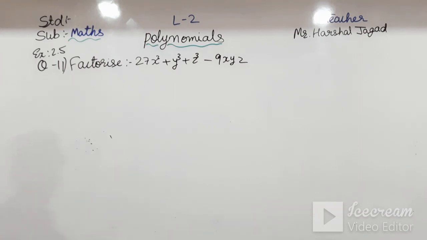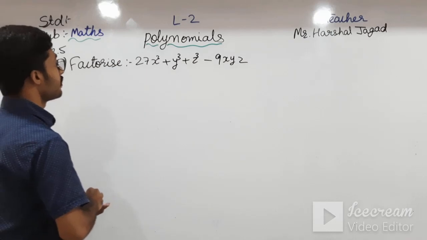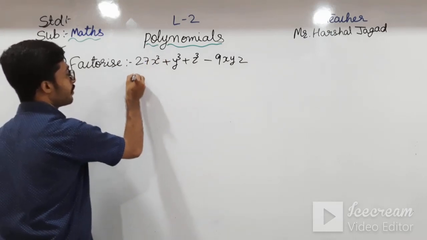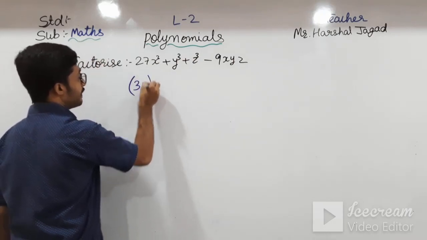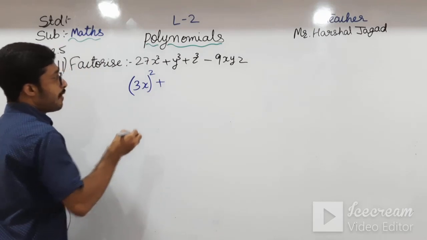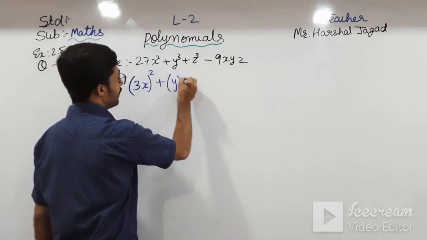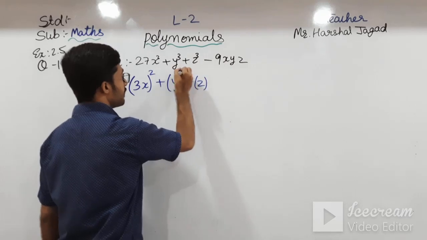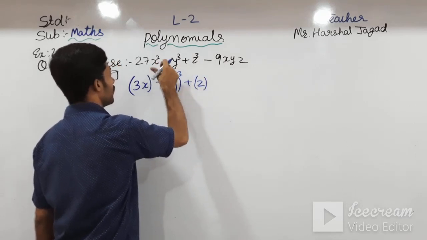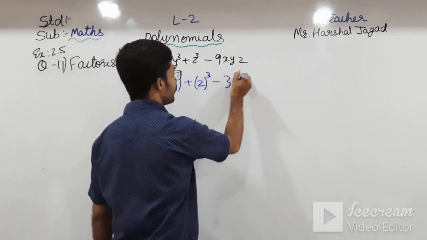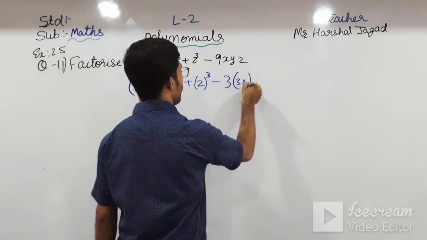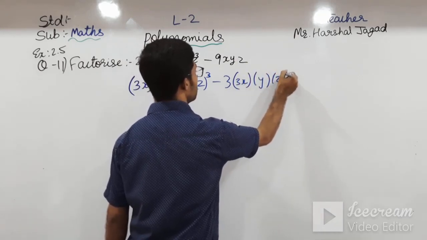So first of all we will write it: 27x cube, if we take the cube root of 27, that is (3x) the whole cube, plus what is the cube root of y cube, that is y only, and what is the cube root of z cube, that is z only, and minus 3, what is x, 3x, what is y, that is y, and what is z, that is z.